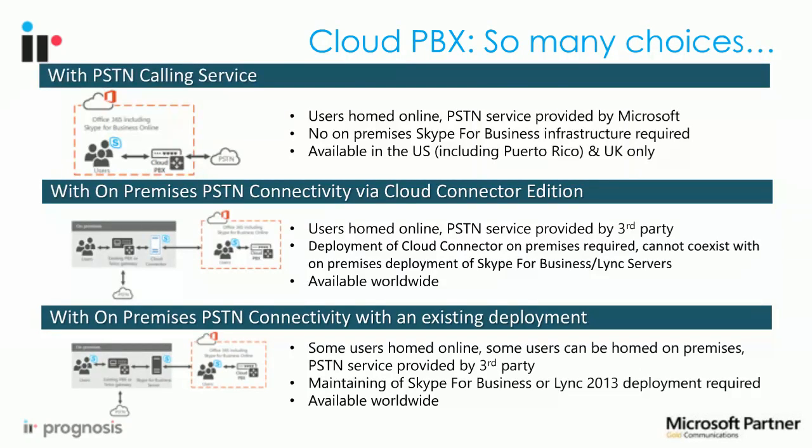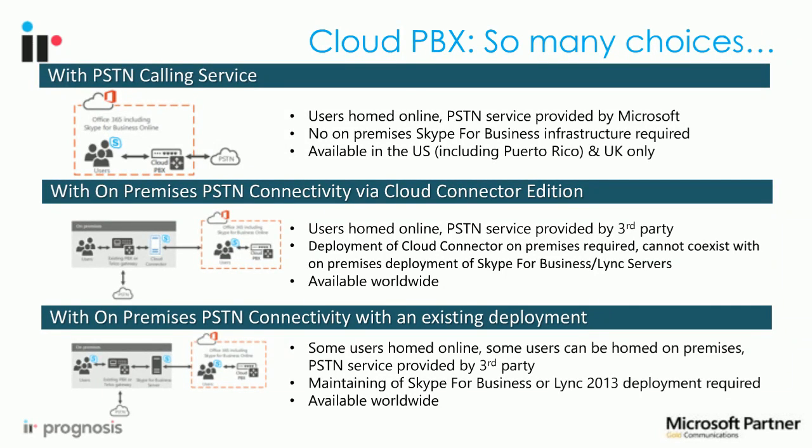But if you have a server or a Skype for Business 2015 or Lync 2013 server, you can then configure hybrid, and you can also get that advantage of having some users on premises and some users in online, and provide PSTN connectivity that way from your on-premises to cloud.